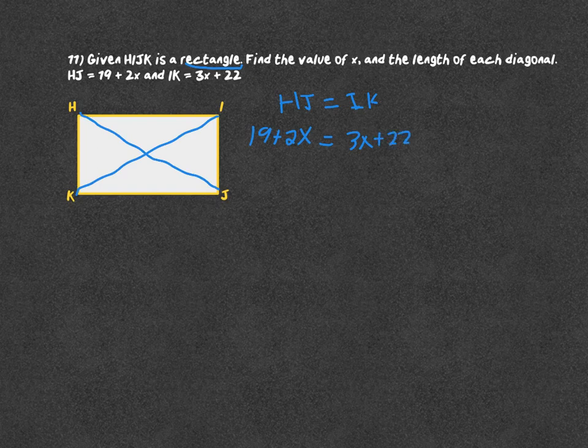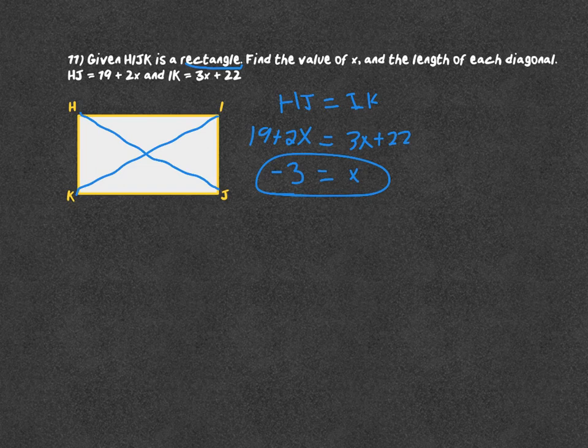So if I subtract the 2x over, I get x. And if I subtract the 22 over, I get a negative 3. So x equals negative 3. Once you have x is negative 3, then you can plug it in to find each diagonal.